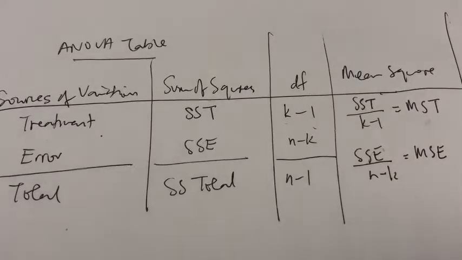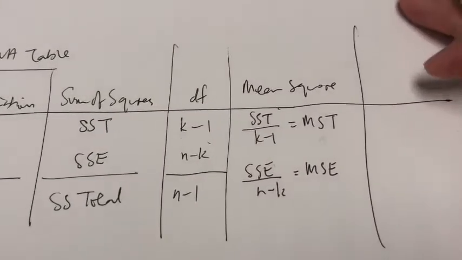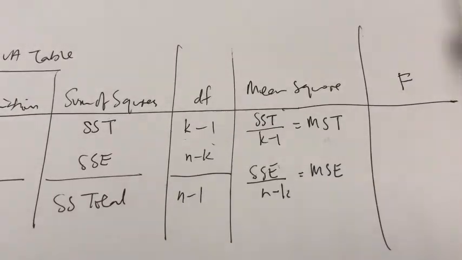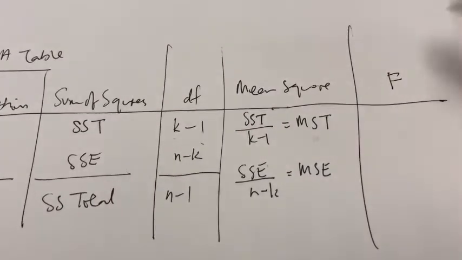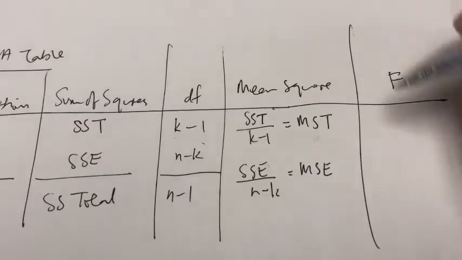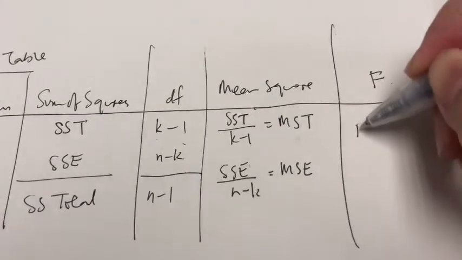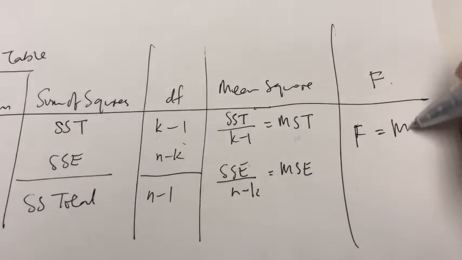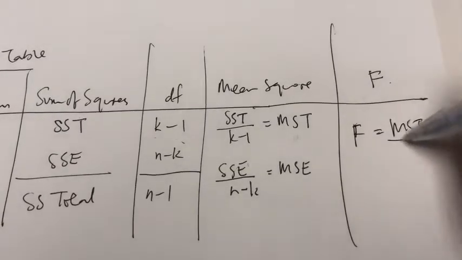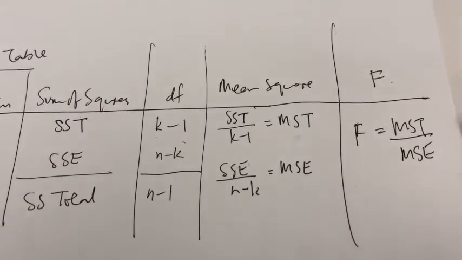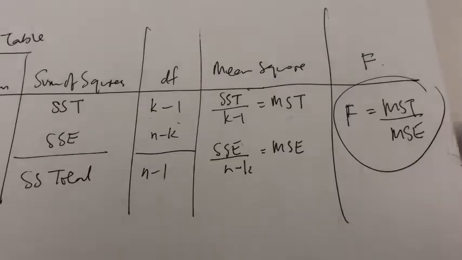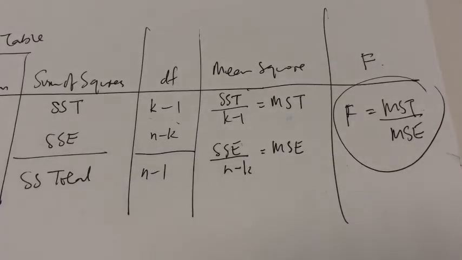Now, why are we doing all of this, guys? Because at the end of the day, what we want is the test statistic, which is F, right? So F is basically the ratio between these two. So F is MST, mean square due to treatment, over the mean square due to error. And so this is how we get the test statistic for an ANOVA.